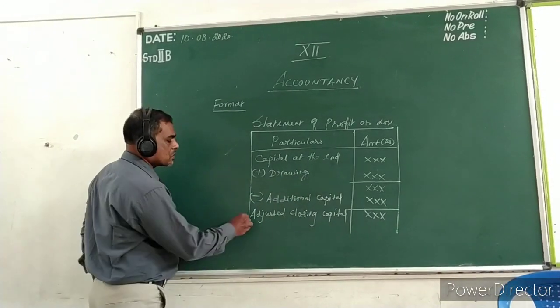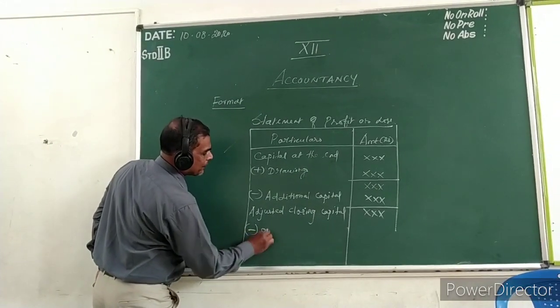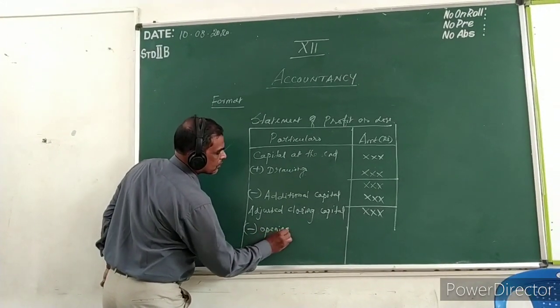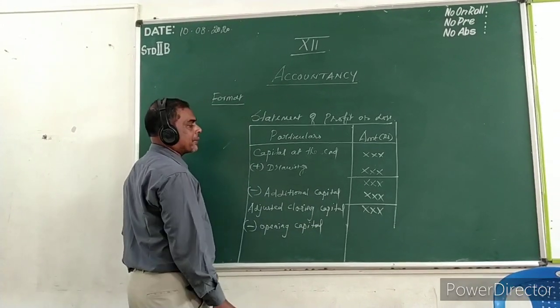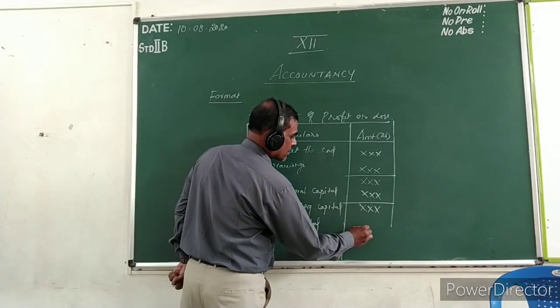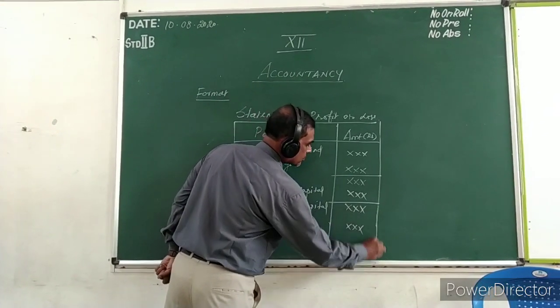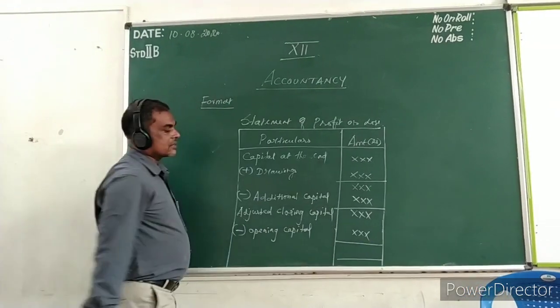From the adjusted closing capital, we have to deduct the opening capital, or capital at the beginning. Both are the same. So we will get one result.